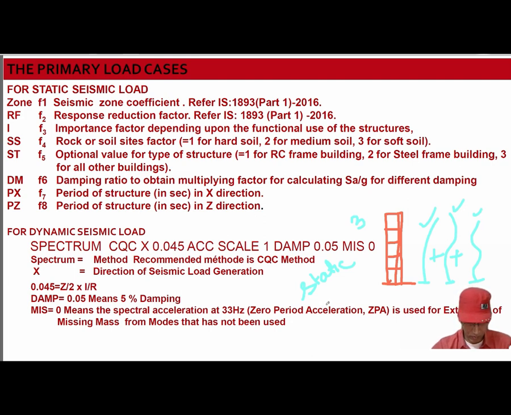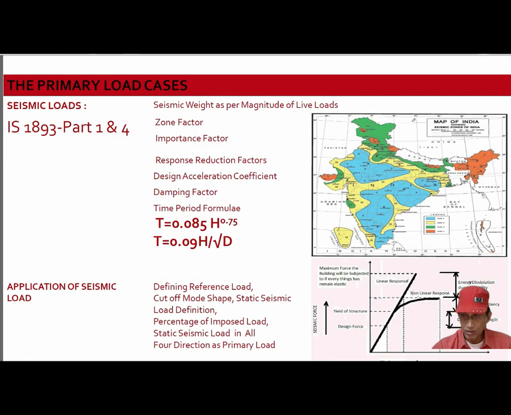This static value is calculated based on zero period acceleration when we supply MIS equal to 0. Next comes what percentage of load from the structure shall be taken by the software to calculate the seismic weight of the building.